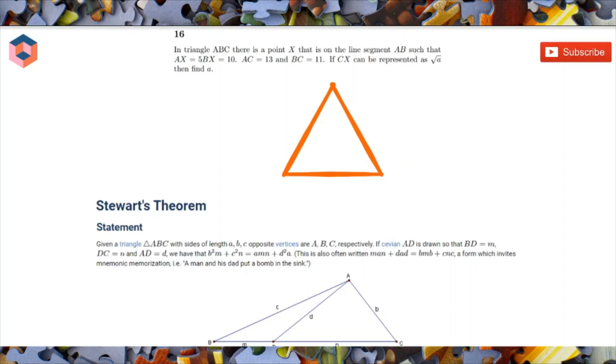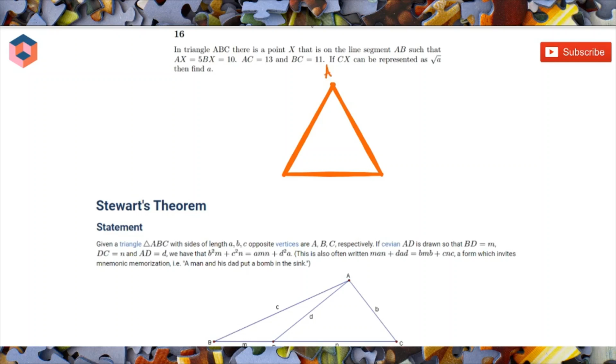In triangle ABC, there's a point X on the line segment AB such that AX equals 10, 5 times BX equals 10, AC equals 13, and BC equals 11. If CX can be expressed as the square root of a, then find a. Okay, so let's label the points. I already drew the triangle here, but you can always do that on the real test on a piece of paper.